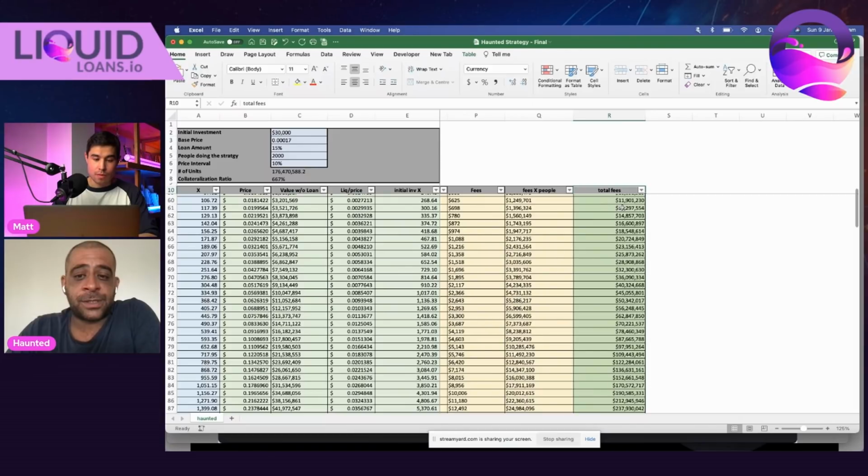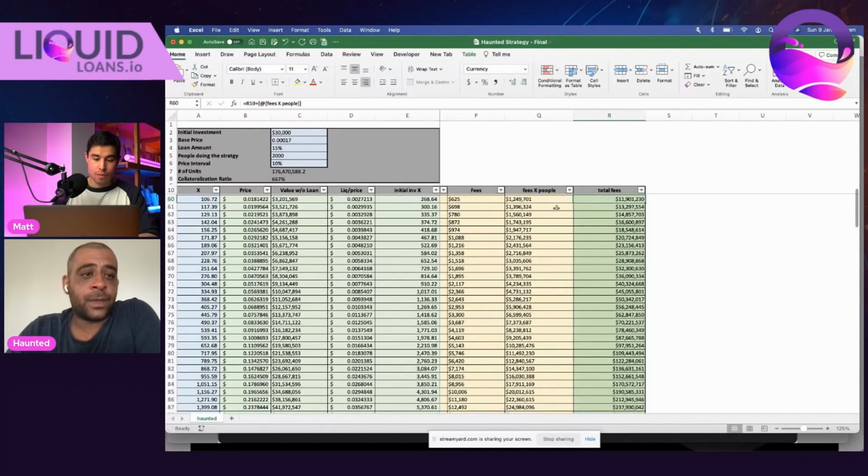And this is what I wanted to show: how much would be going into the loan staking pool. At 106x, if 2,000 people were doing this, that loan staking pool would have had a total of $11 million or almost $12 million going into it. This is not considering people taking loans to buy Hex, taking loans to buy PulseX, taking loans just to put into the stability pool, loaning the dip.